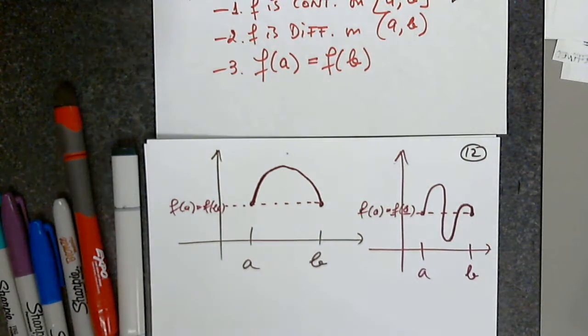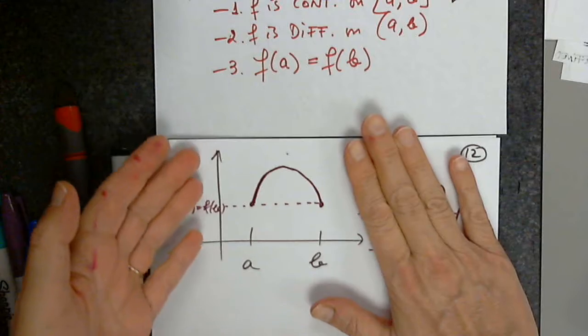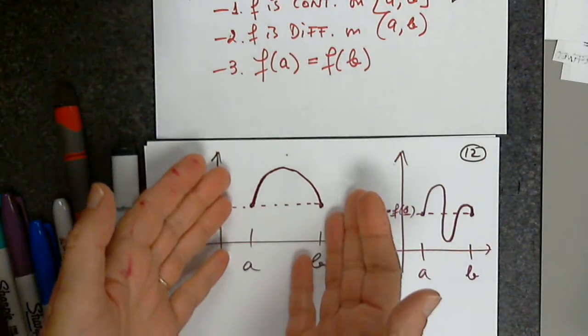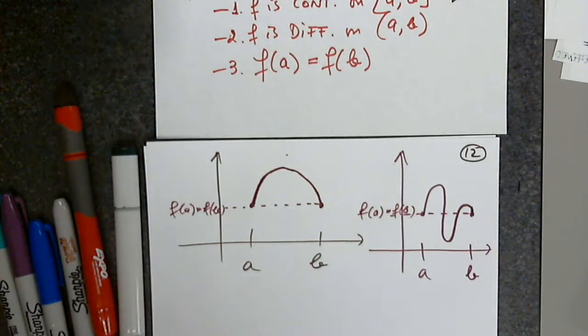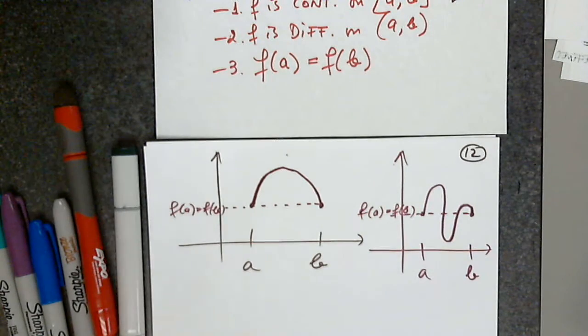Okay, so now let's draw the conclusion together. Let's forget about the second option and look at the simple first option. If a function is continuous and differentiable, like this one is, between a and b, there must be a point somewhere where f prime of c is 0.